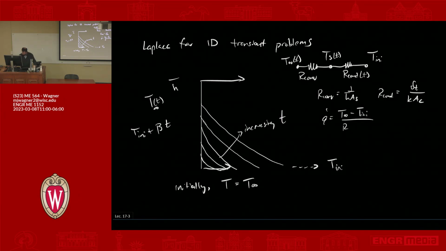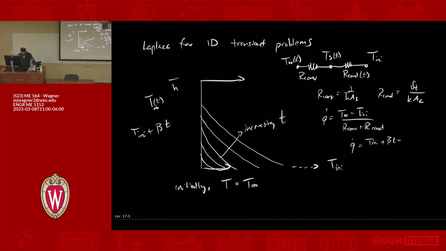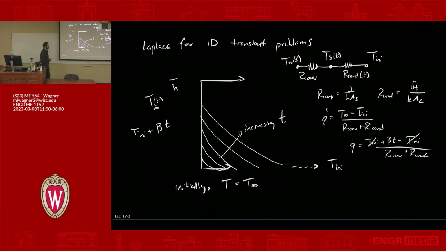Let's substitute in our definition of T infinity, which was T initial plus beta times time, minus T initial, over R convection plus R conduction. So it turns out the numerator is actually just beta t over the two resistances. That's our heat transfer relationship.